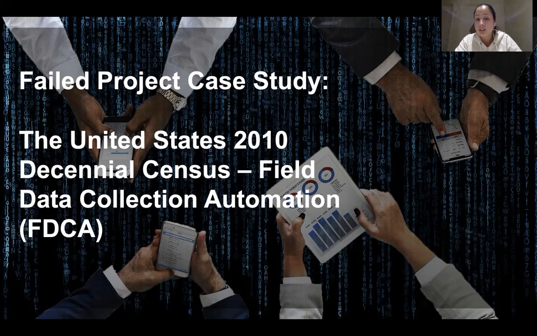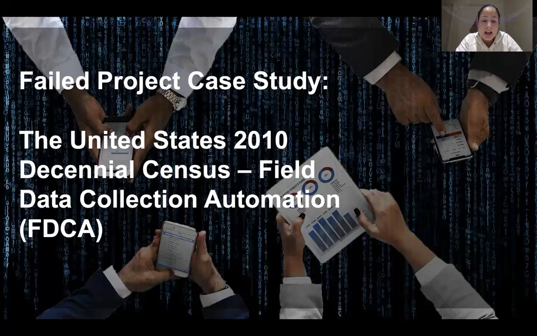And in 2010, for the census, they had to invest $3 billion to do the project, but with paper. So they had to do the census with the paper forms.